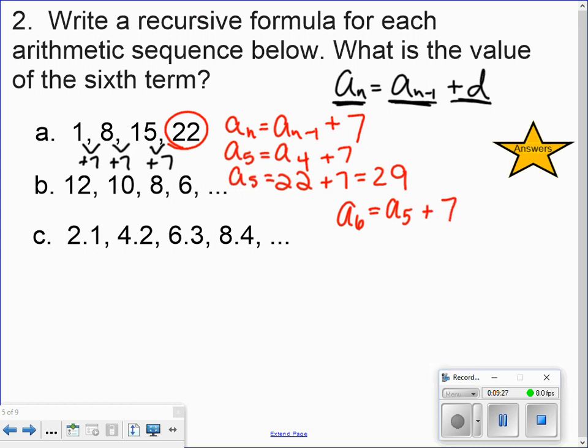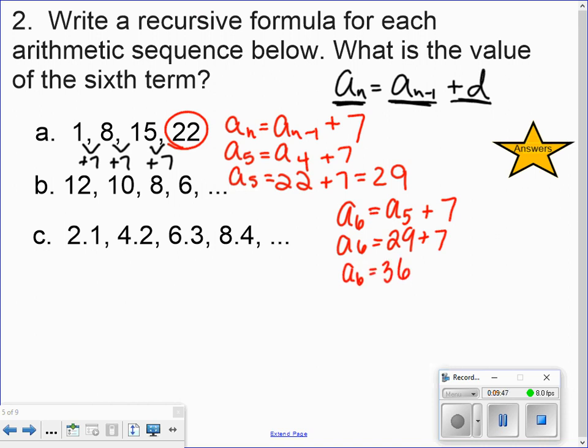We know the fifth term is 29. And so to get a sub 6, we need 29 plus 7, which gives us 36. So we know that the sixth term is 36.